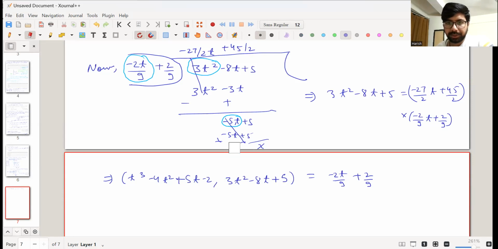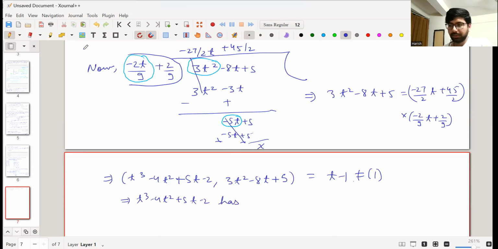So 2 by 9 is a unit, so you can remove it, and here 2 by 9 is also a unit. So you can multiply both sides by minus 9 by 2, and you will get t minus 1. So this is the GCD, but you can multiply it by minus 9 by 2 because it's a unit. So you will get t minus 1, which is of course not equal to 1. So this implies t cube minus 4t square plus 5t minus 2 has repeated roots.